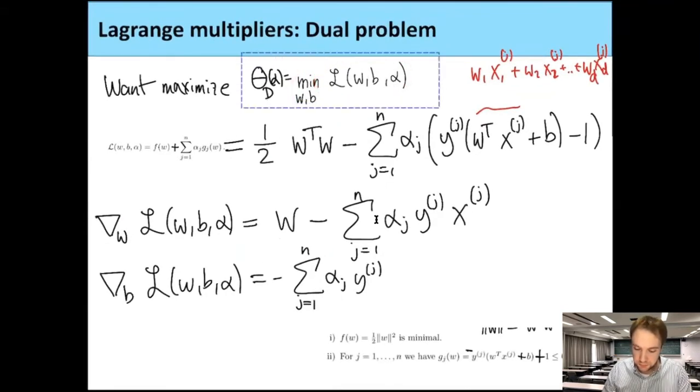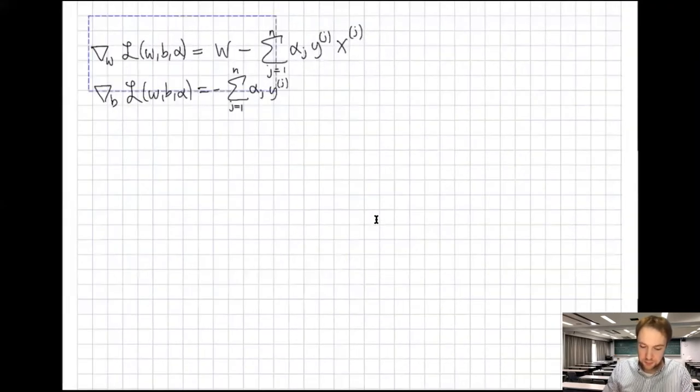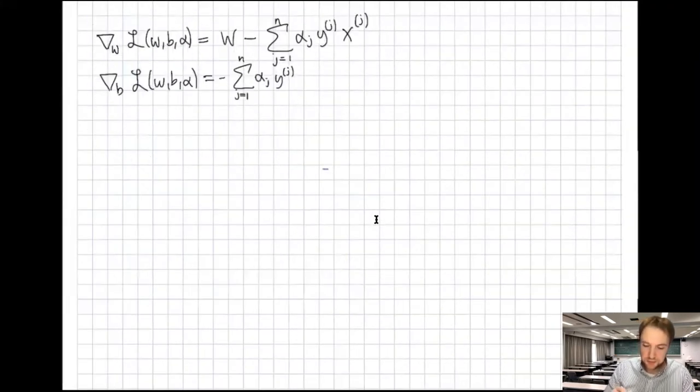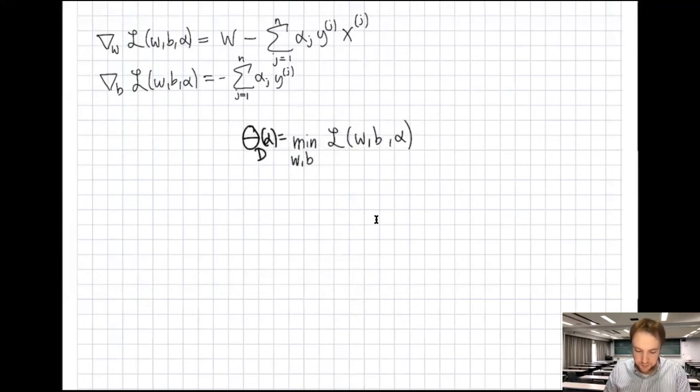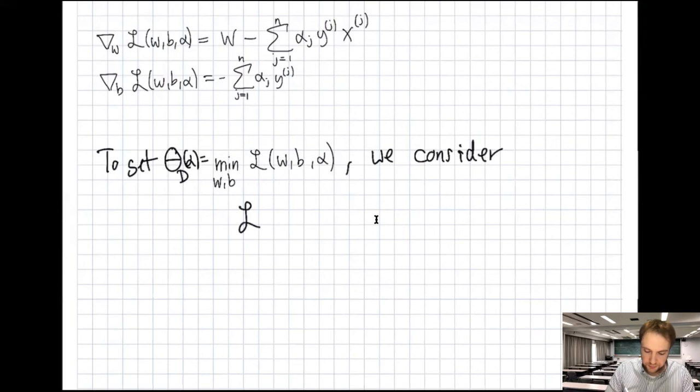So we have this here, and we consider that the derivative with respect to W of this is 0, and also this here.